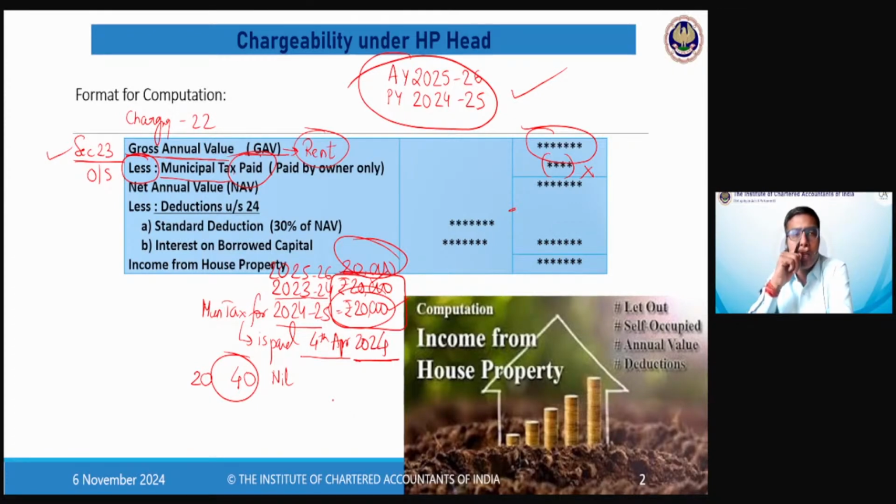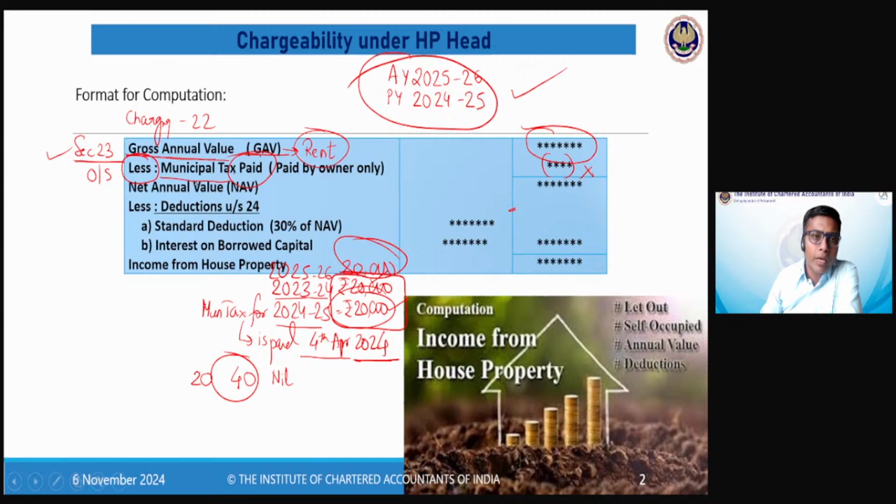Then what will be the answer? Whether I will get deduction of municipal tax paid of the next year in the current year? Answer is yes, because simple, understand it is cash basis.